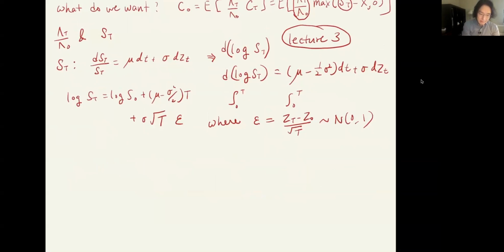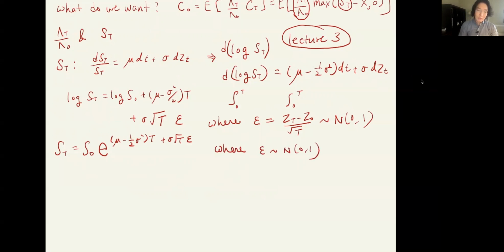Therefore, the stock price at capital T becomes a random variable in the following fashion. Okay. Where epsilon is the random variable.